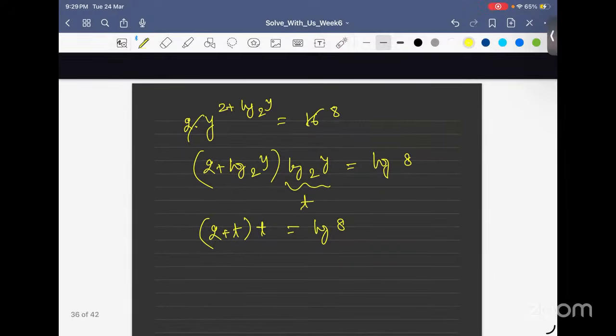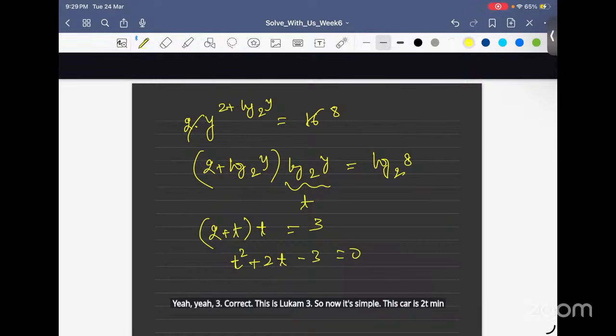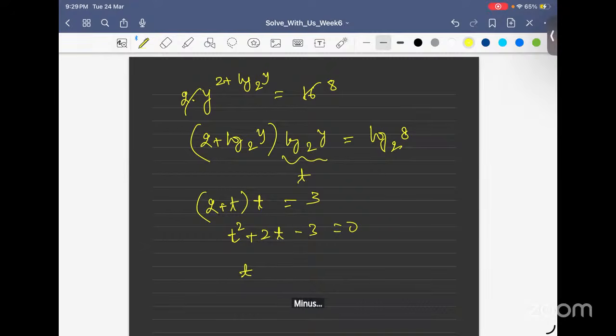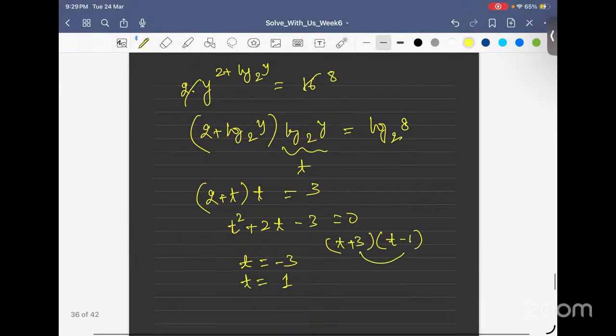The log actually should be log 8 to the base 2, which will become 3. So now it's simple. T square plus 2t minus 3 equals 0. So t is minus 3 and t equals 1, right? Yes, sir. Correct.